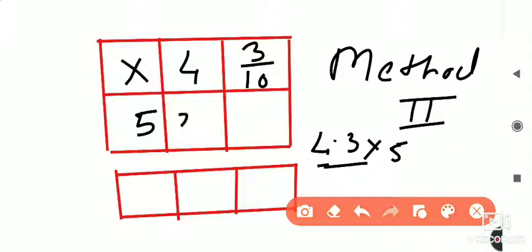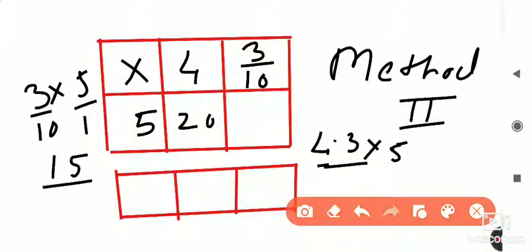Now I have to do the multiplication of 3 by 10 into 5. 5 by 1 will come. 5 3s are 15, and 10 ones are 10, numerators multiplication and denominators multiplication.